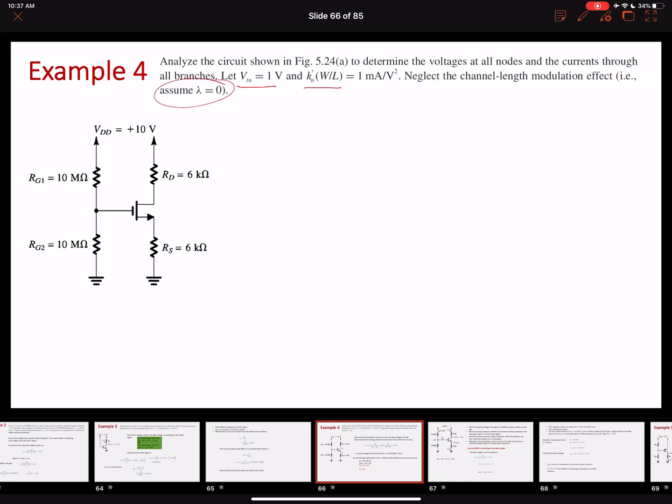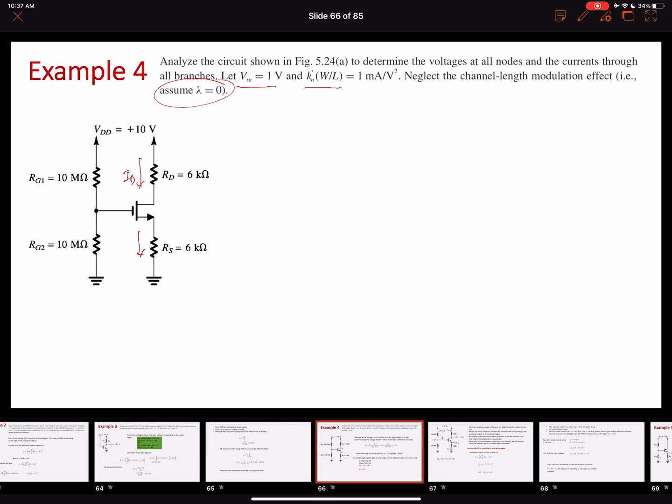What we are interested in is finding the voltages at all the nodes and the currents through all the branches. Looking at the circuit, essentially I want to find the drain current that is flowing here.